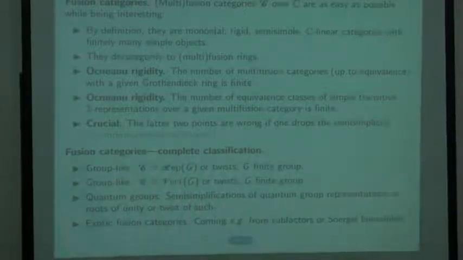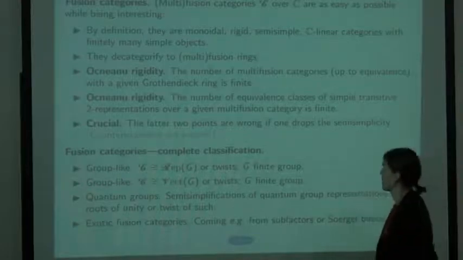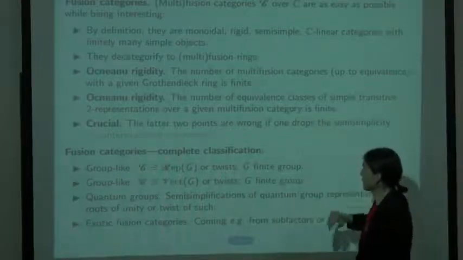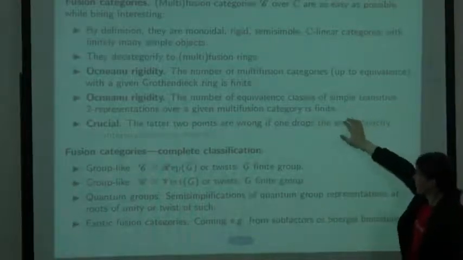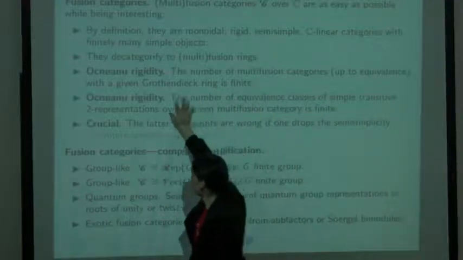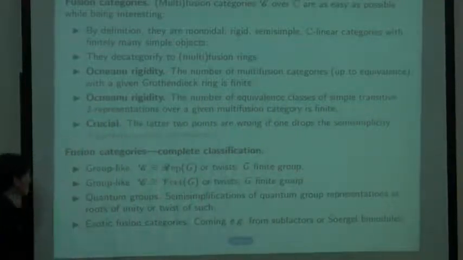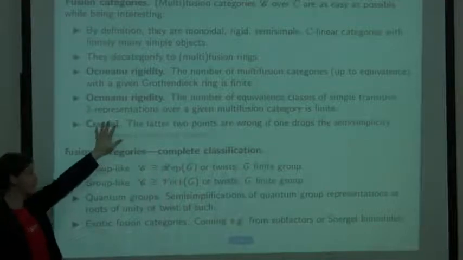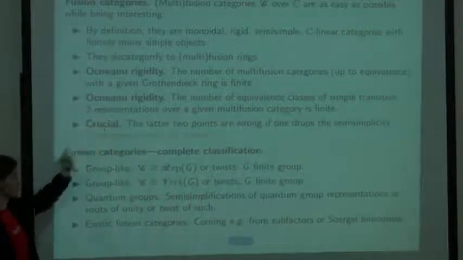It's not semi-simple. It has infinitely many module categories. You can really twist everything with a one-parameter family of complex numbers, basically. So this is extremely crucial. So in this proof, which is really beautiful, I'm going to sketch it in a second, the semi-simplicity really comes crucially into the game, right?